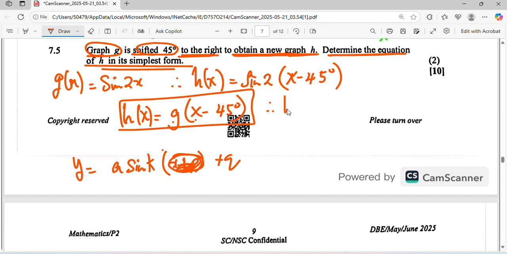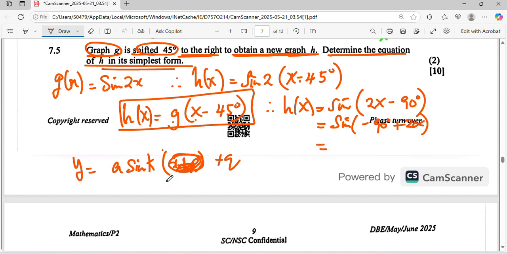Therefore, you can simplify this and say h of x is equal to sine, and you multiply inside the brackets: 2x minus 90 degrees, since 2 is a number, it can distribute there. Now this can be simplified and say this is the same as sine of negative 90 plus 2x.